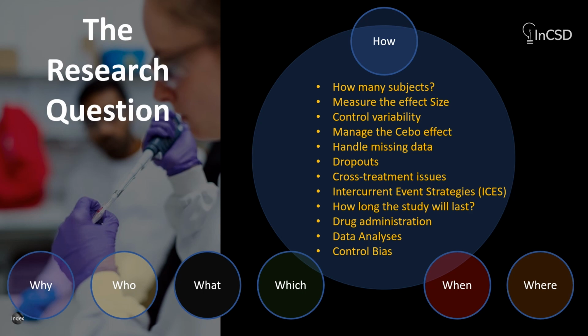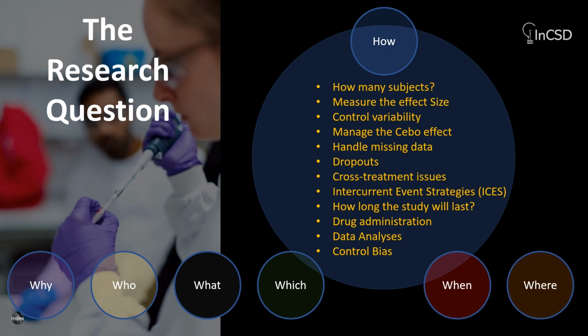How can also refer to the manner in which something will be done. For example, how to handle intercurrent events, meaning describing the intercurrent event strategies that will be considered for each particular intercurrent event. This is incredibly important since intercurrent events could impact the evaluation of each objective and outcome variable.